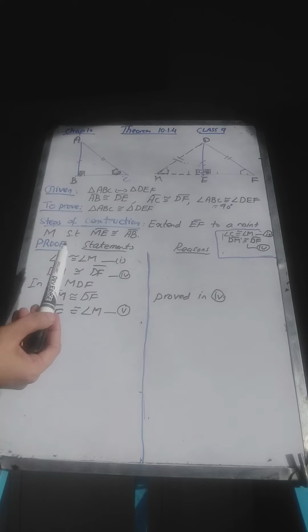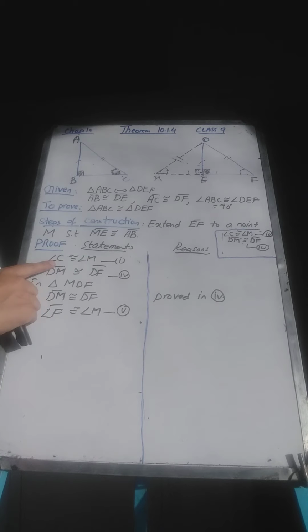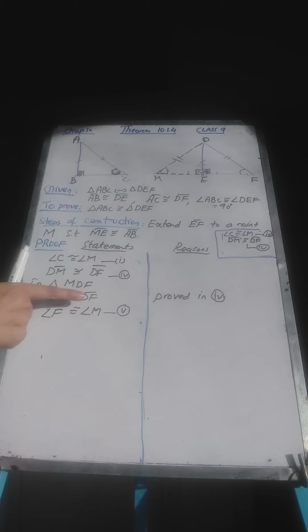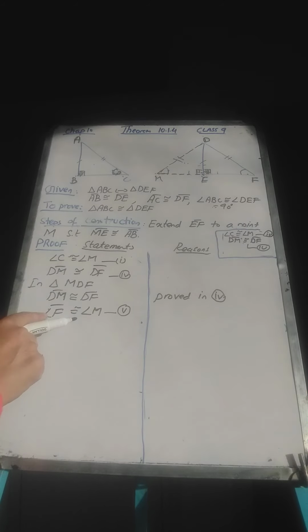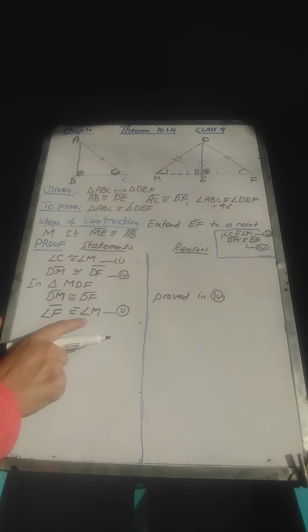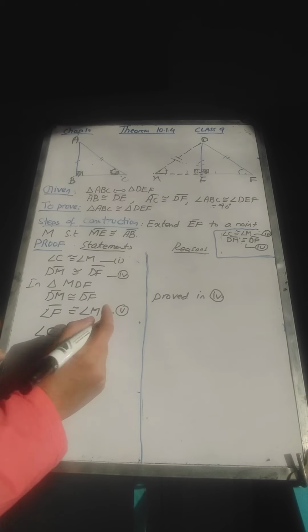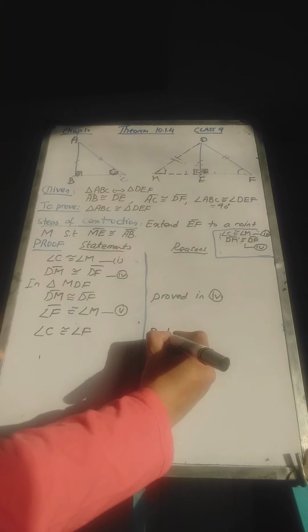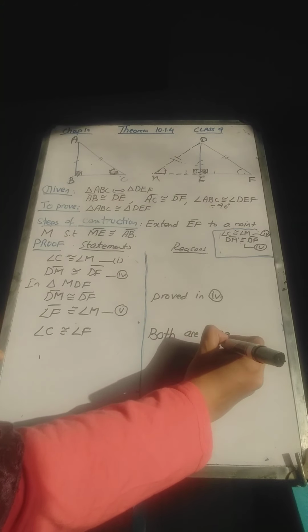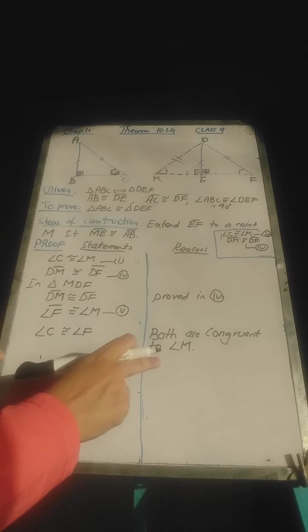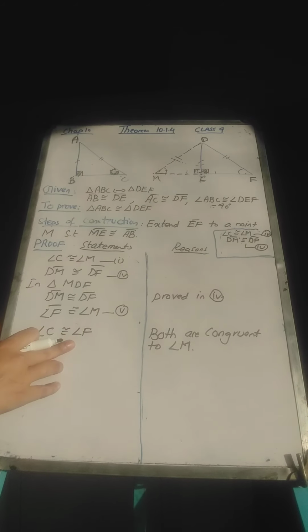In equation 1, the statement is that angle M is congruent to angle C. But here we have angle M congruent to angle F. As angle M is equal to both angle C and angle F, angle C must be equal to angle F, because they are both equal to angle M. So angle C is congruent to angle F because both are congruent to angle M.